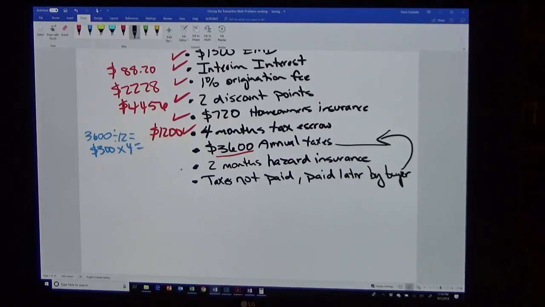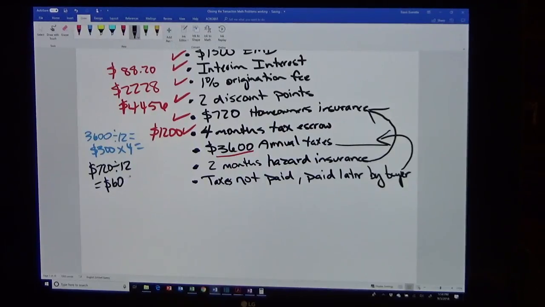2 months of hazard insurance. Okay, so 2 months of hazard insurance, that ties back with $720 a year for hazard insurance. So our math over here on that one is going to be 720 divided by 12, and that equals $60 a month.